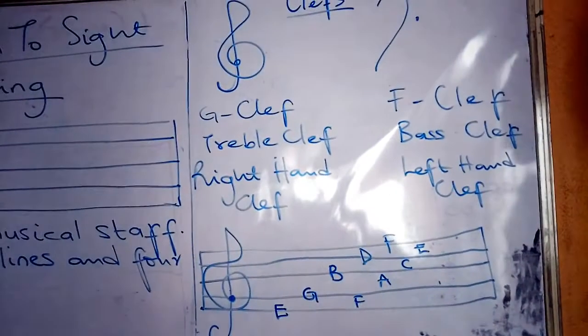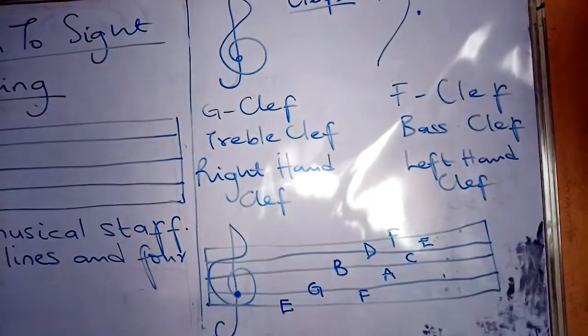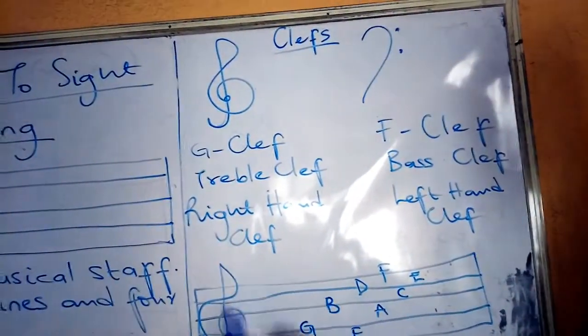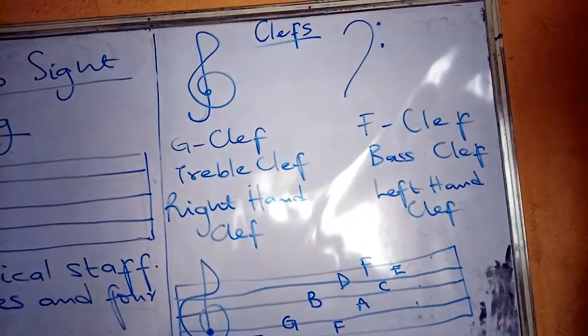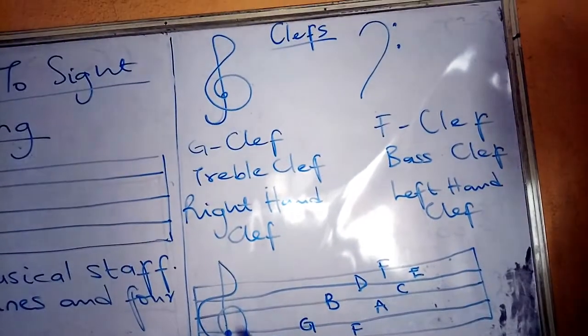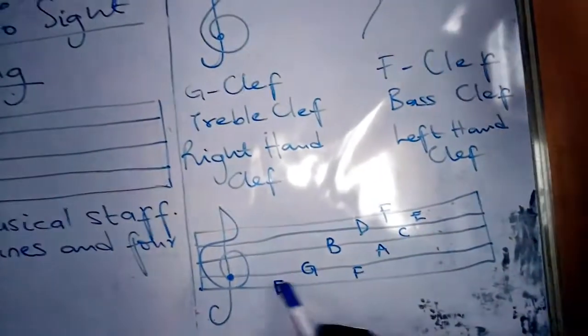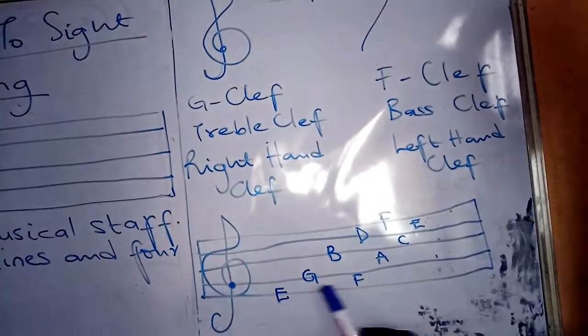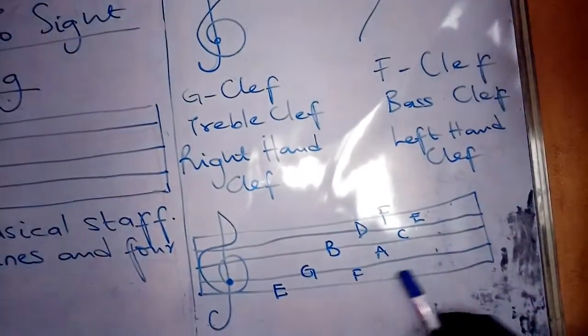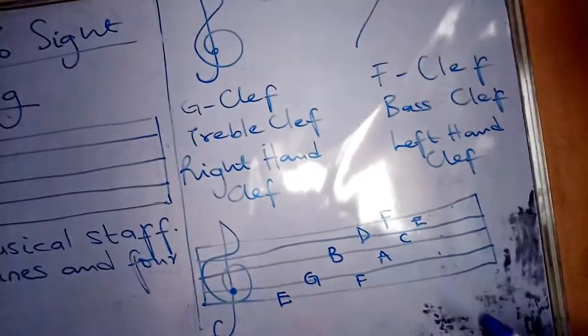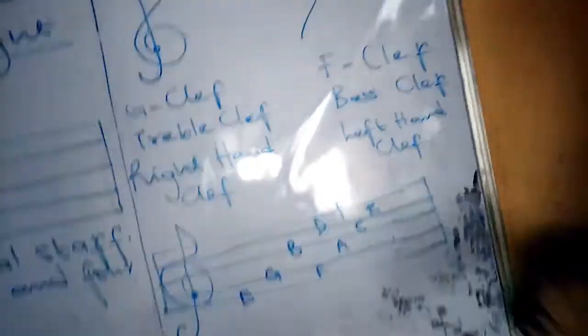So, when you draw your staff lines, 5 lines and 4 spaces, and you draw a treble clef, this simply tells you that whatever note is written within it is supposed to be played with the right hand and not with the left. So this represents notes of the higher register.